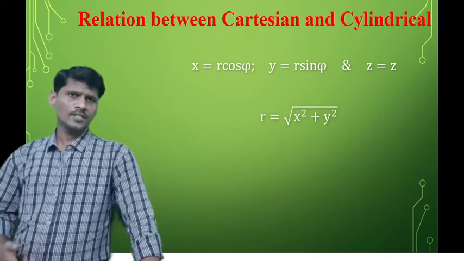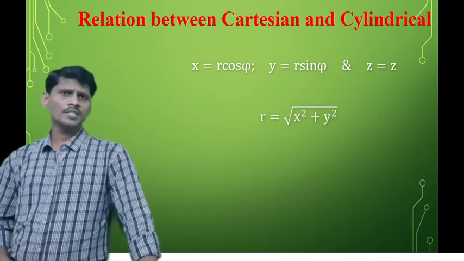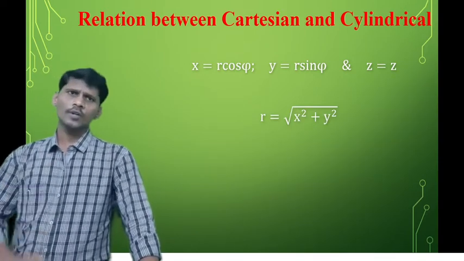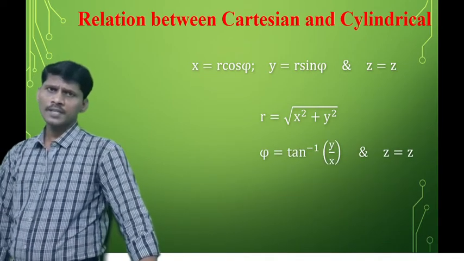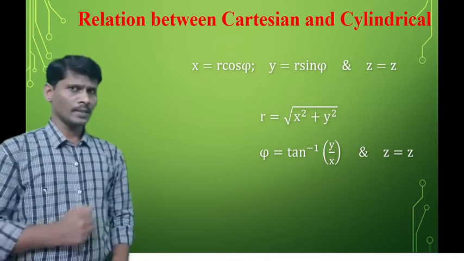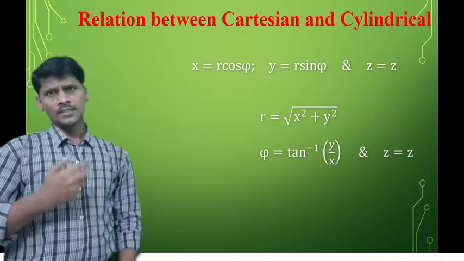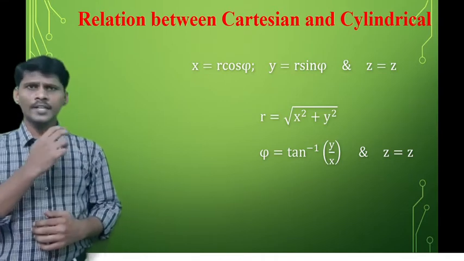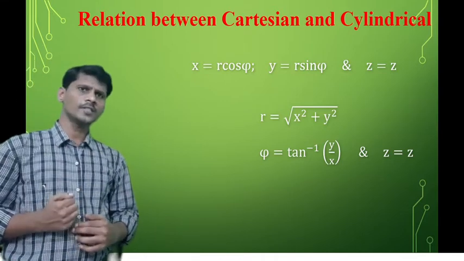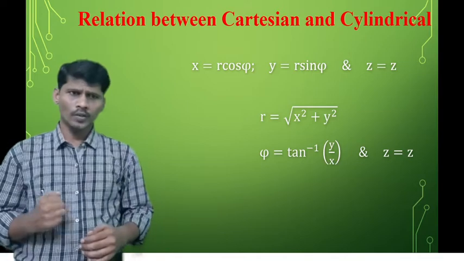Therefore, the radius of the cylinder r is equal to square root of x square plus y square, and angle phi is equal to tan inverse of y by x, and z is equal to z. So these are the expressions of the relationship between Cartesian coordinate system and cylindrical coordinate system.